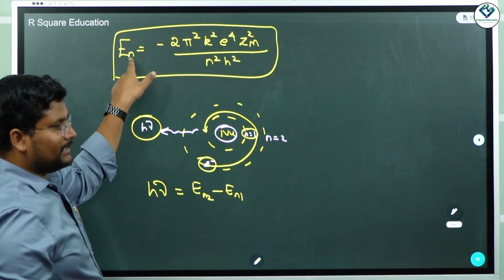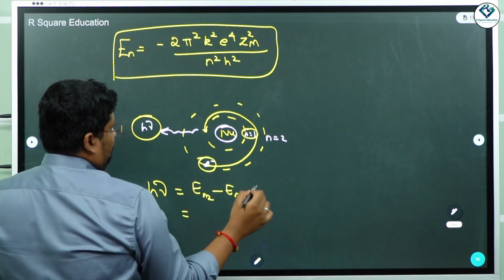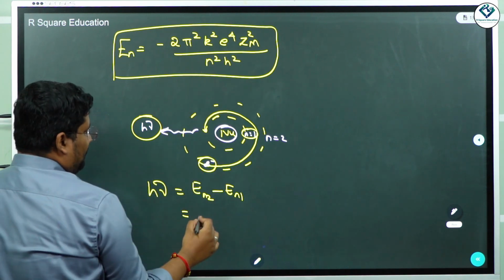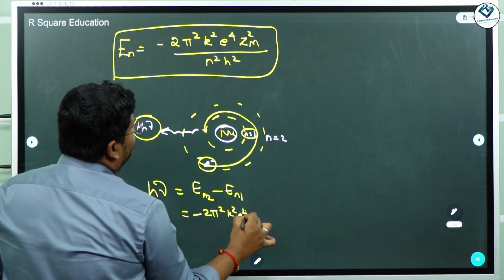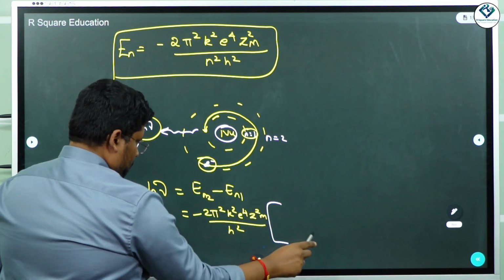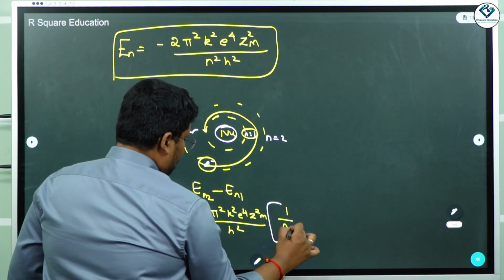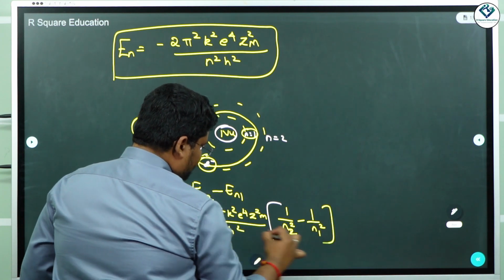You can substitute n2 here and n1 here. So what will we get? Taking the common terms out, minus 2 pi square k square e power 4 z square m divided by h square, into 1 by n2 square minus 1 by n1 square.